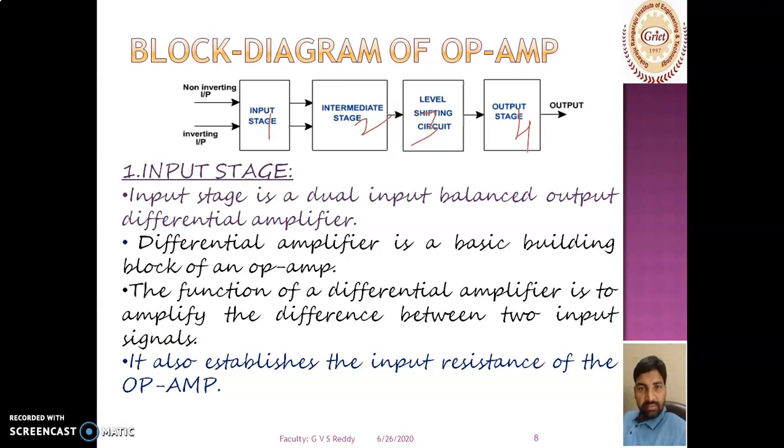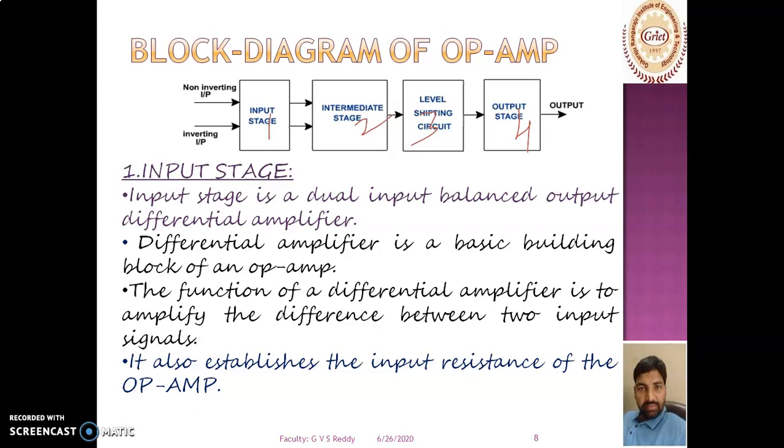If the differential amplifier consists of 2 inputs, then it is known as dual input. If it consists of only 1 input, then it is known as single input. If the differential amplifier consists of 2 outputs, then it is known as balanced output. If it consists of one and only 1 output, then it is known as unbalanced output.